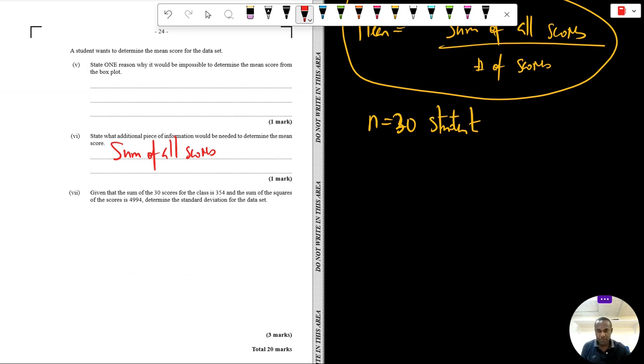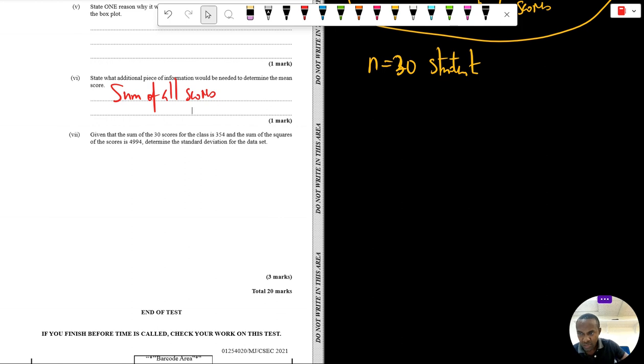The last part of the question says that, given that the sum of the 30 scores for the class is 354, so now they actually give it to us, but obviously the previous part preceded this one and we could not use it. So let's call that sigma x.